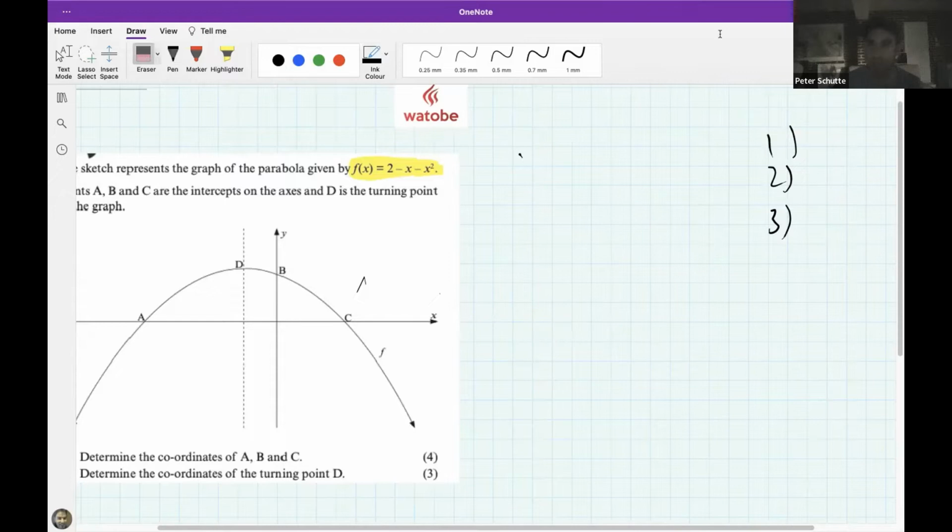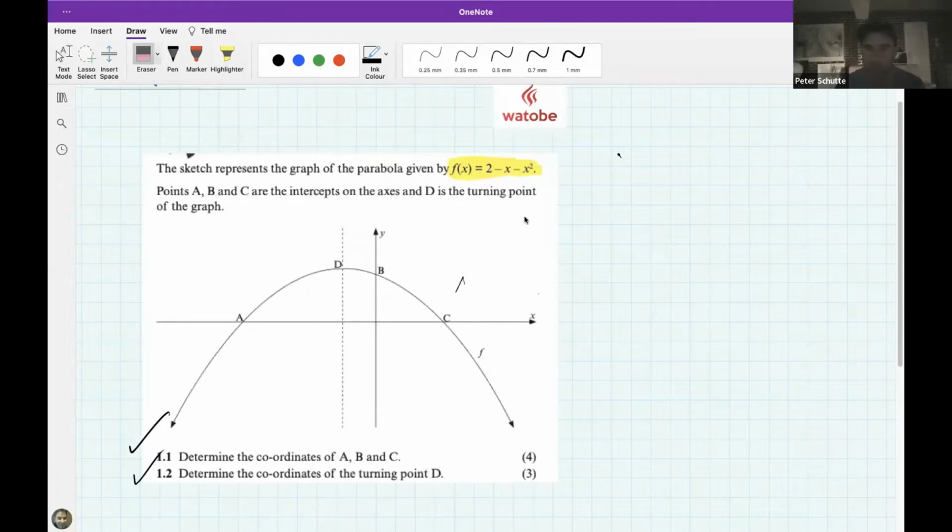Okay, I'm not seeing any questions yet in the chat. But one of the things I think you guys should think about is: is this in standard form? And if it isn't, how would you get it into standard form?